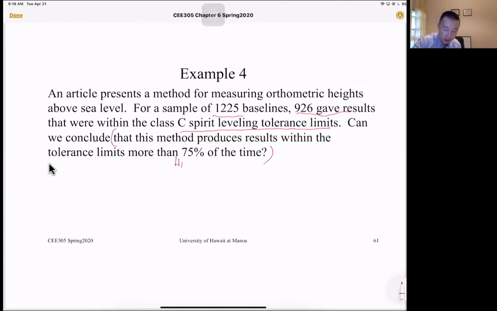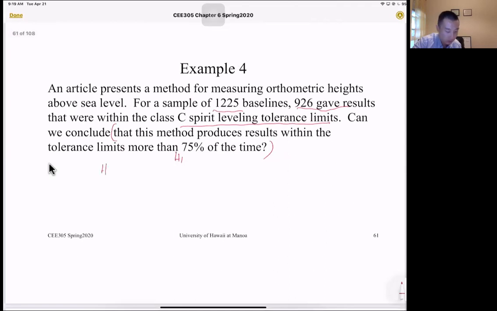H1 is P larger than P0, which is 0.75. H0, on the other hand, will be the opposite: P less than or equal to 0.75.